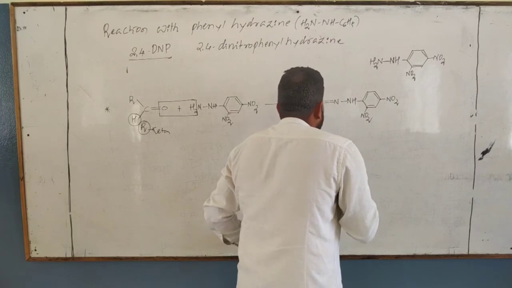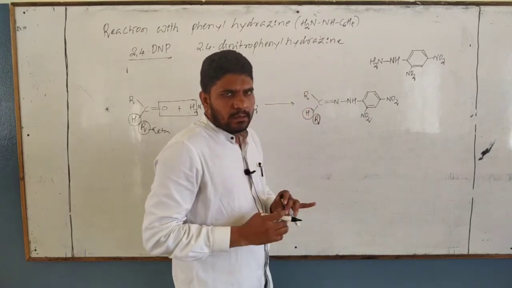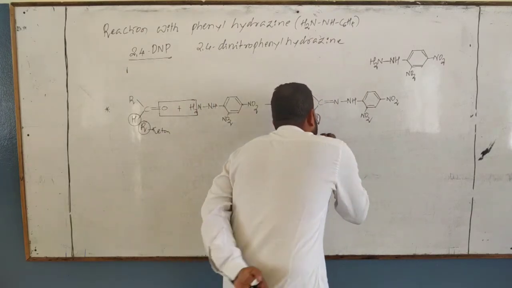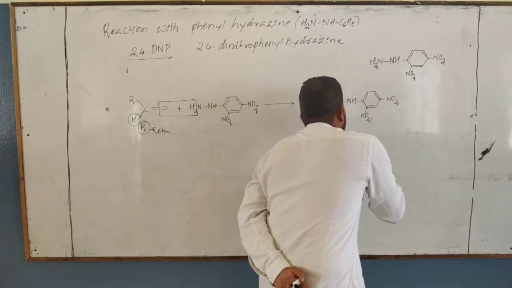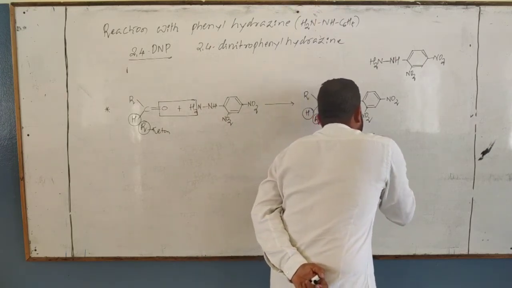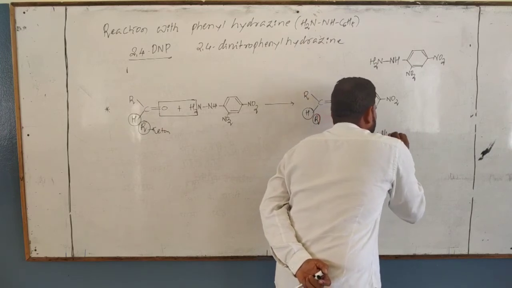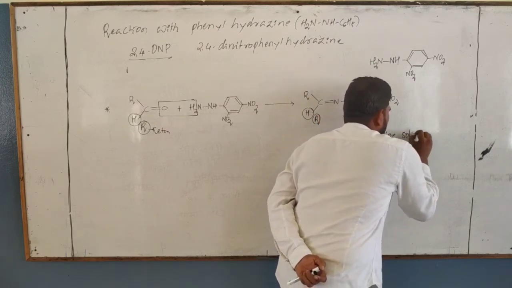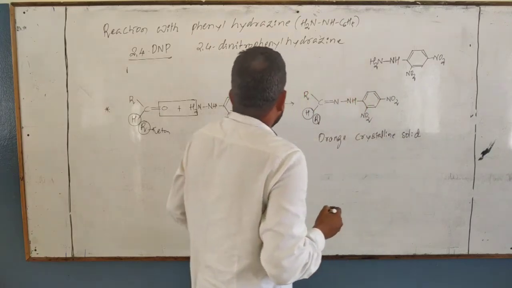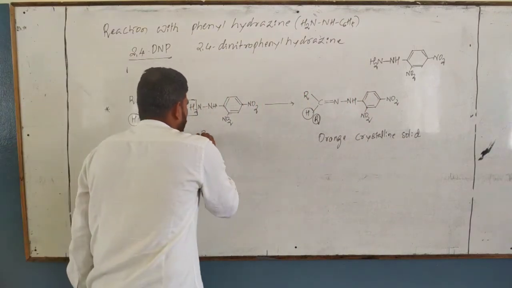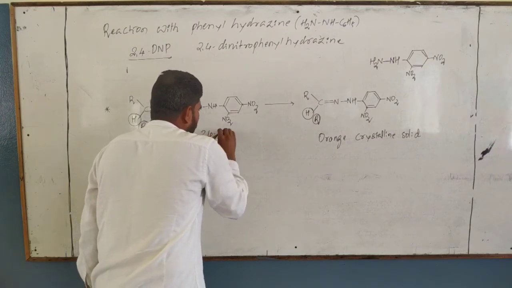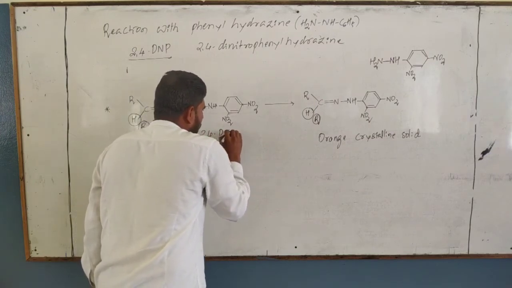It forms 2,4-dinitrophenylhydrazone, which has a specific physical property, which is orange crystalline solid. This compound formed is an orange crystalline solid. Means whenever a carbonyl compound reacts with this 2,4-DNP, they form what?